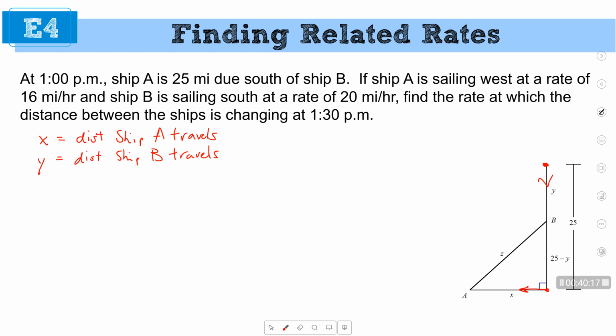You can do this problem differently. I just chose to label it this way because it makes more sense in my feeble little brain. dx/dt, rate of ship A. dy/dt, rate of ship B. What have I forgotten at this point?